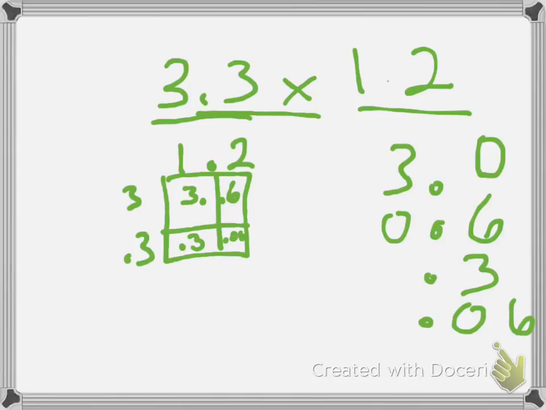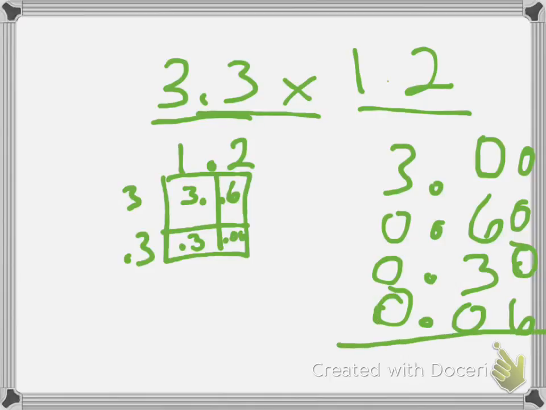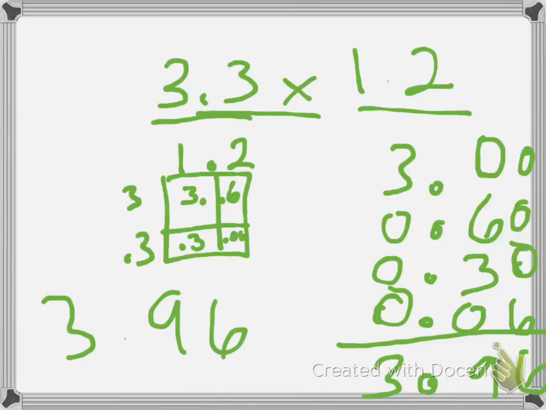I'll fill it in and add them all together. When I add them together, I get 6, I get 9, and I get 3, and bring down my decimal. My answer is 3 and 96 hundredths.